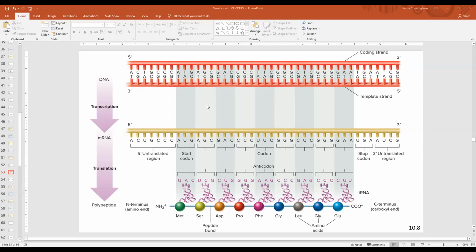So our complementary product is going to be that mRNA strand. Again, if we're starting with a 3' to 5' strand of DNA, our complementary product is always going to be in the opposite direction, which is 5' to 3', and it will always have the complementary nucleotides present in that product.